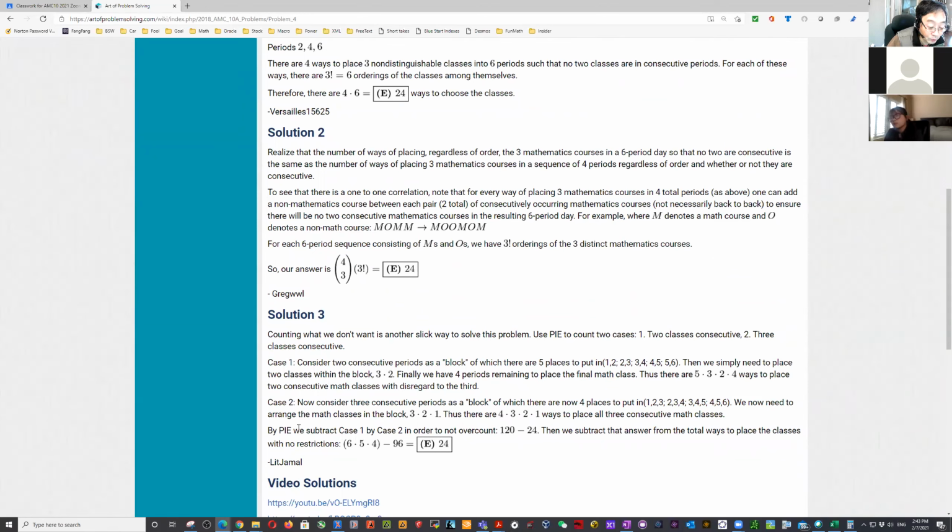PIE is the principle of inclusion and exclusion. It's a very advanced technique taught in intermediate probability and statistics. If you really read into it, I think you will confuse yourself more in doing this problem.